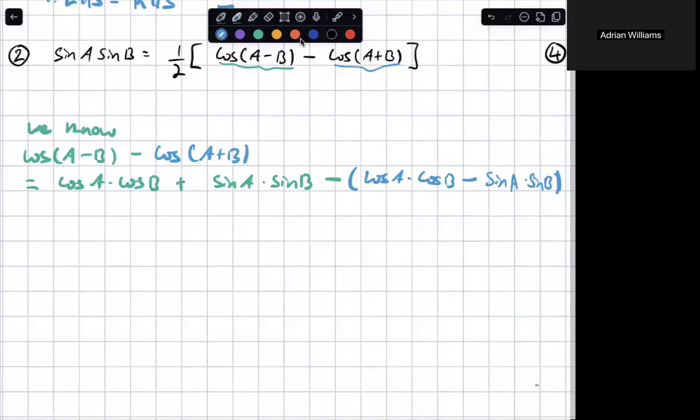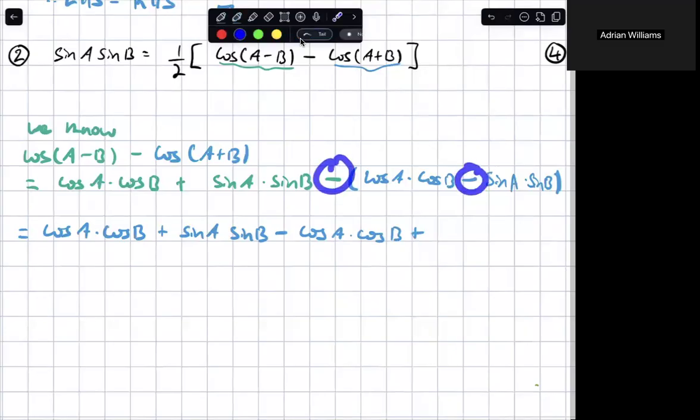Okay, now unpacking all of this again, I can expand that bracket out so you can see what will happen. So this is now equal to cos A cos B plus sine A sine B minus cos A cos B plus, being very careful with this double negative occurring inside of that bracket, sine A sine B. Okay, alrighty.